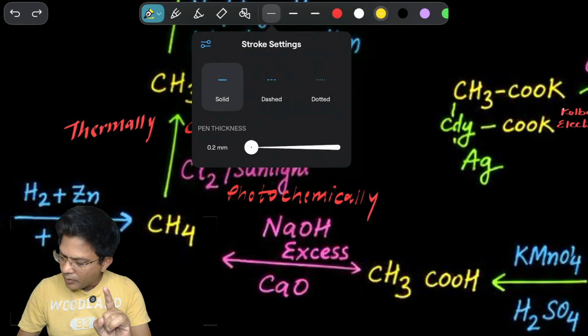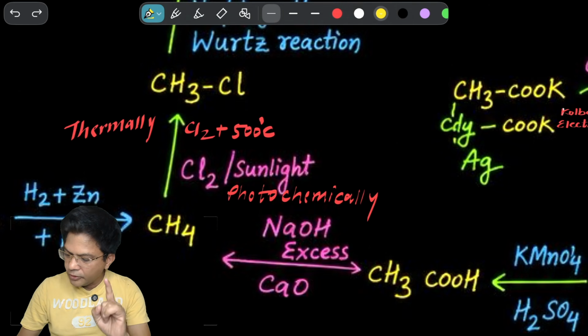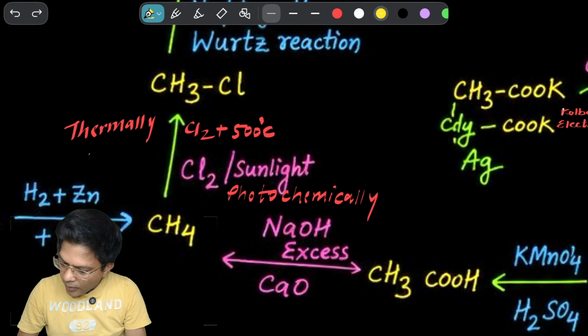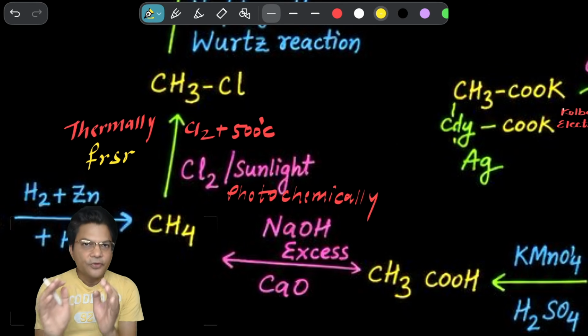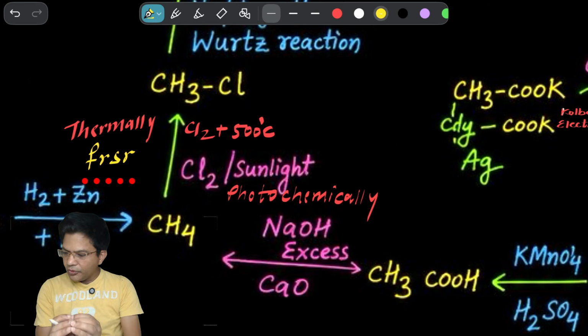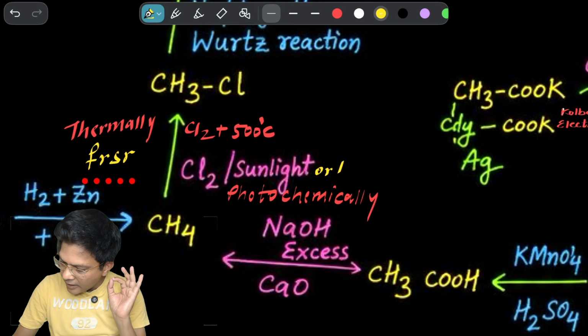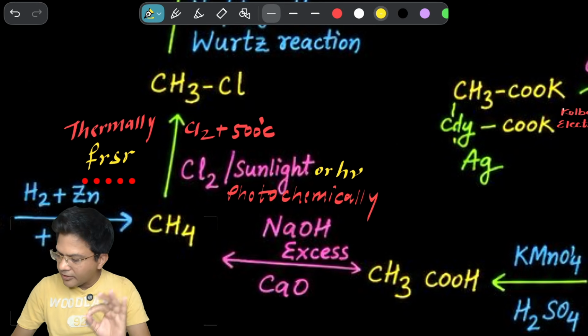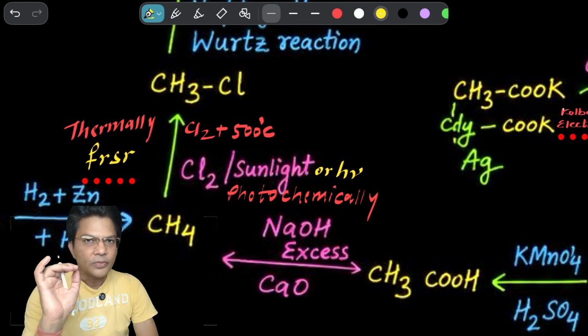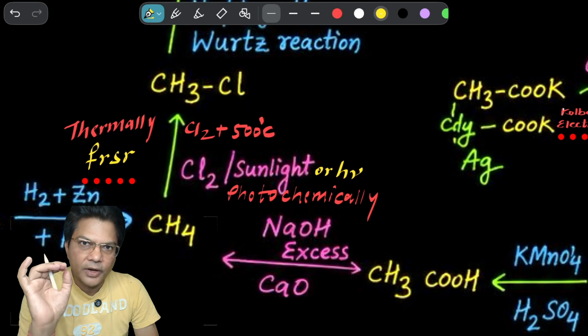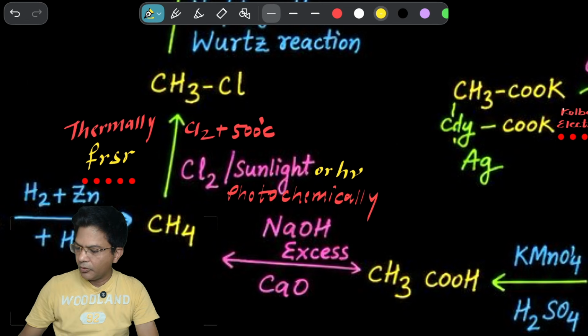Just say free radical substitution reaction. So, whenever the examiner is giving sunlight, diffuse sunlight, H nu, whatever in place of sunlight, that's the indication for FRSR, and methyl chloride we got.